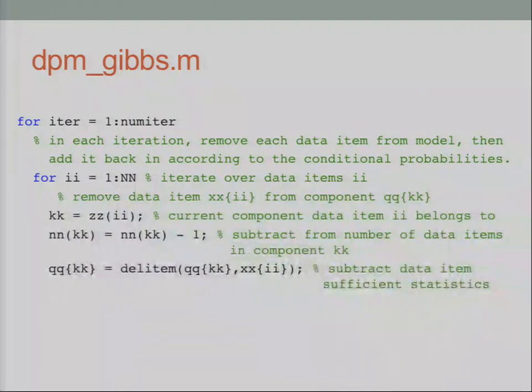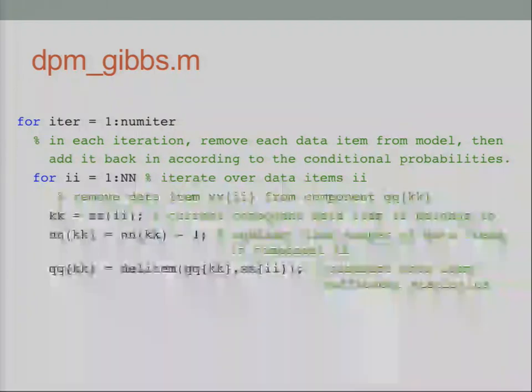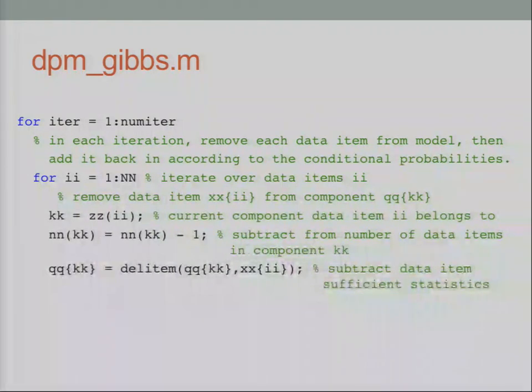So we observed n-1 data points before, and now we're observing one additional data point for the first time. That's why we pretend like it wasn't there, so we remove it from both the number of things that are assigned to that component, and we remove it from the sufficient statistics of that component. Okay, so once we do that, the model doesn't know about that data anymore, so it can pretend like it just arrived as the nth data point.